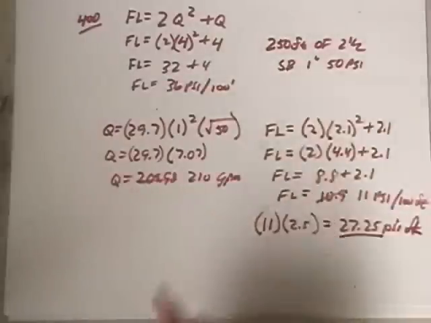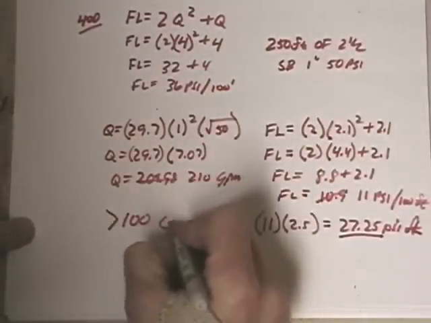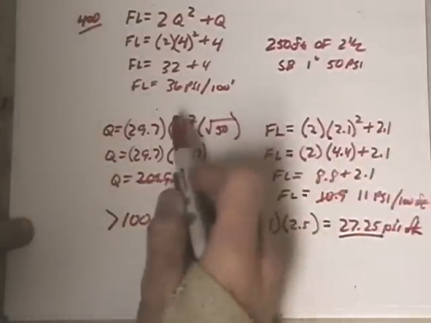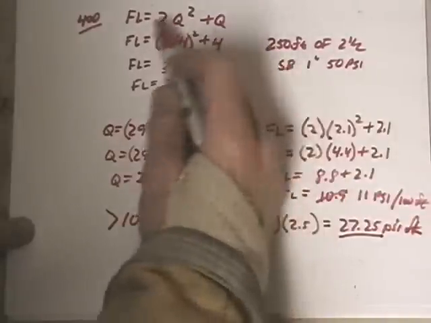And then the last one is that this is all based on over 100 gallons per minute. So if, for instance, when we did this formula here, we had less than 100 gallons a minute, we're going to change this formula slightly.